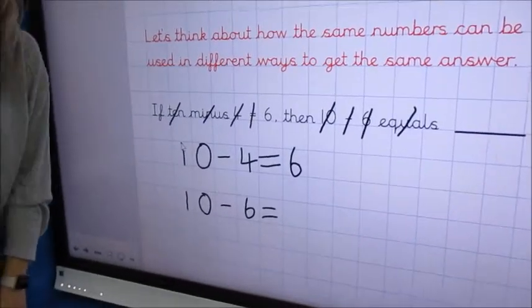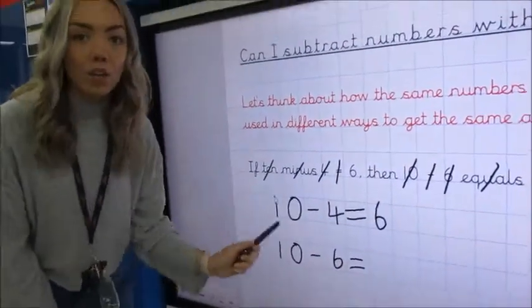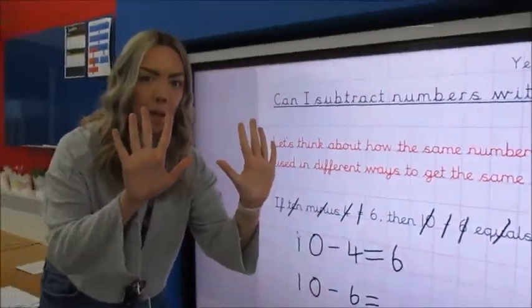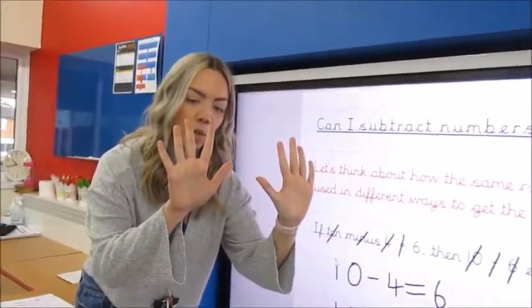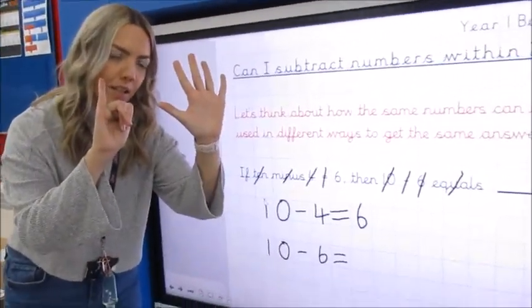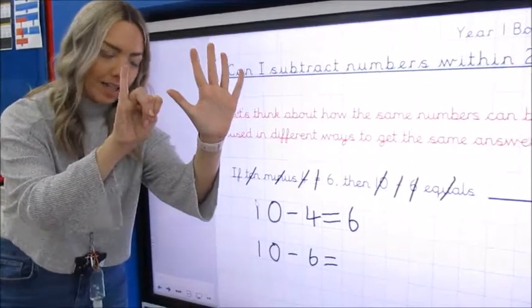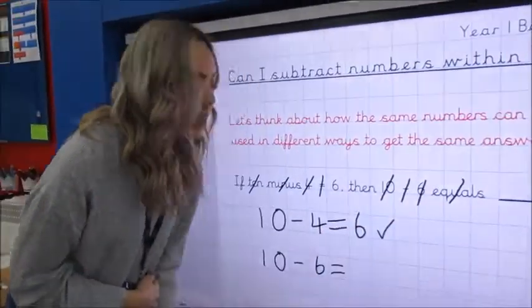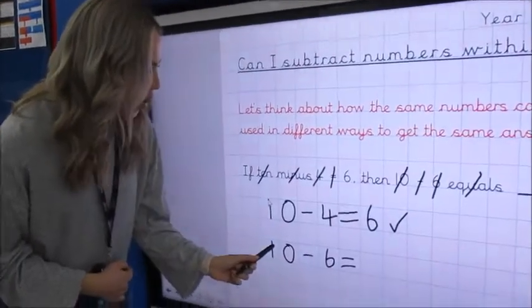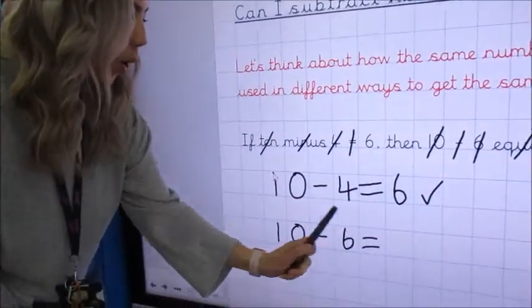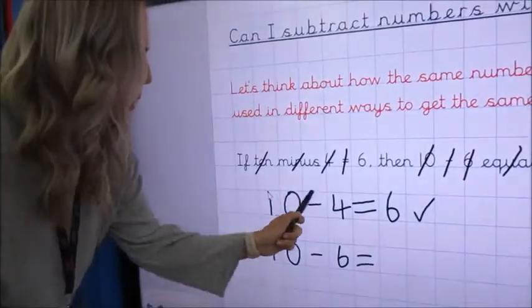Now let's look, okay? We can do this with our fingers, so we're going to check to make sure that sum is correct first. 10 minus 4, 1, 2, 3, 4, is it 6? 5, 6, it is. So we've worked that out and we know that's correct, so a tick there. So then 10 minus 6 must be, well, what number's left?